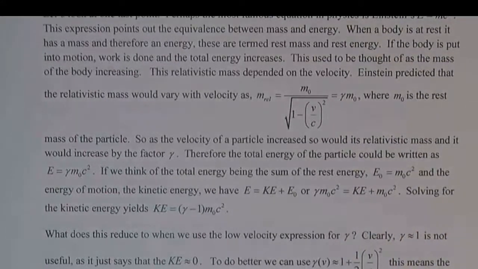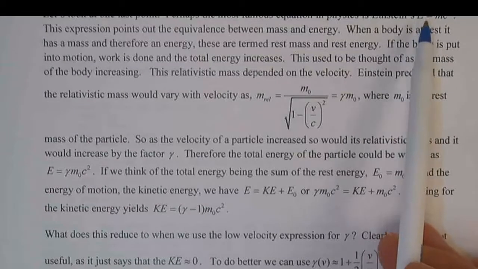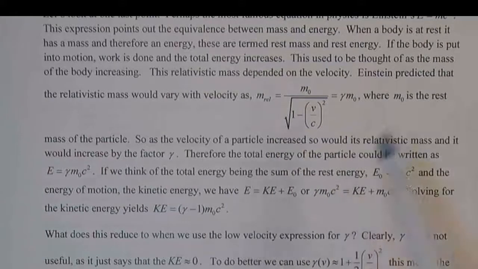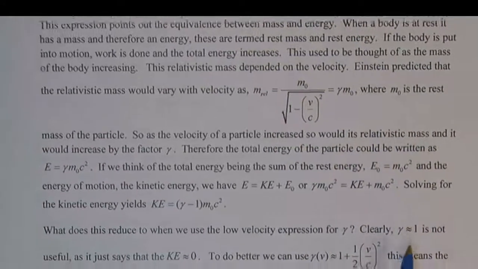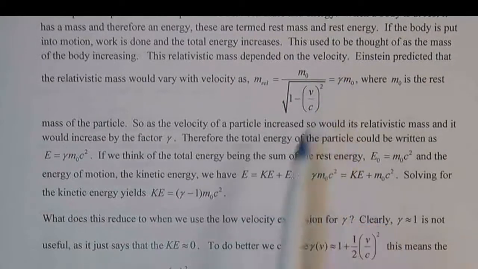Now, 20 years ago, one used to say that the total energy of a body depended on its velocity in a way that allowed its mass to increase. And so we used to talk about a relativistic mass that increased by a factor gamma. So m sub 0 here is the rest mass.